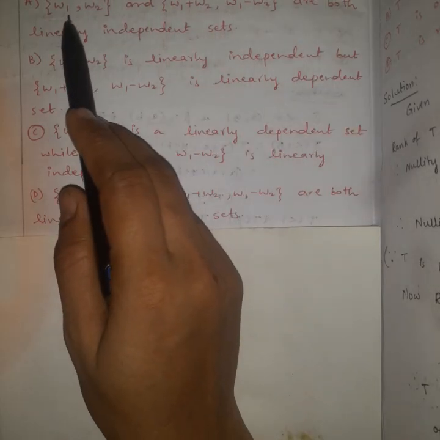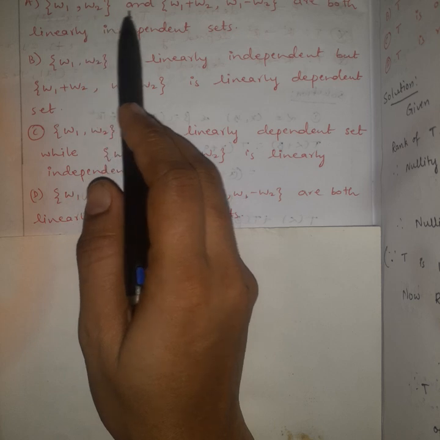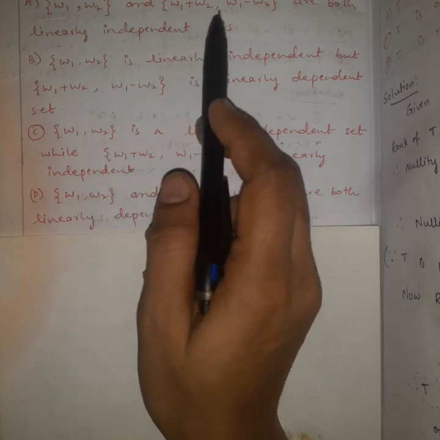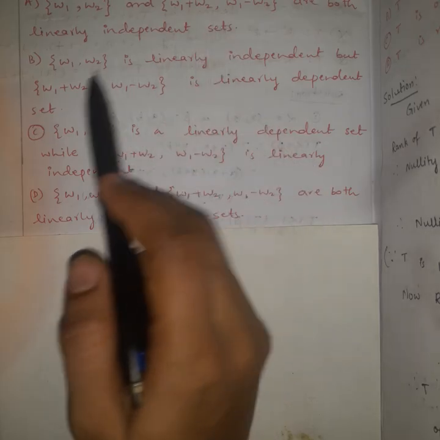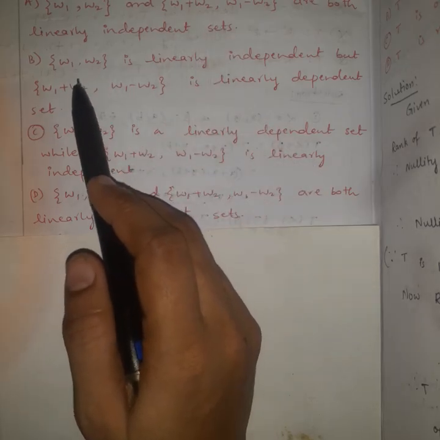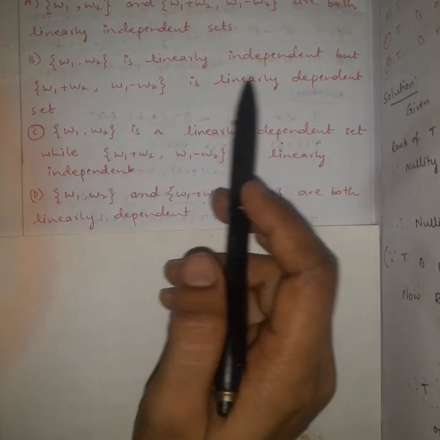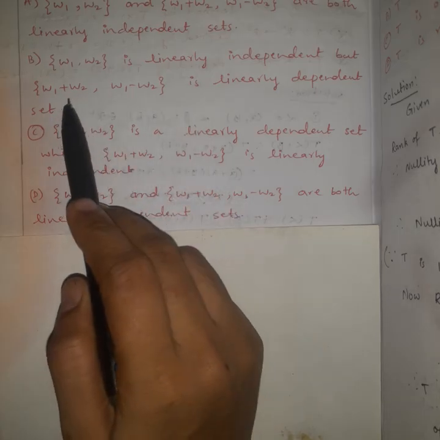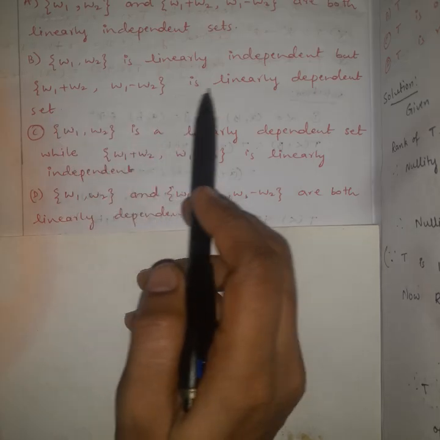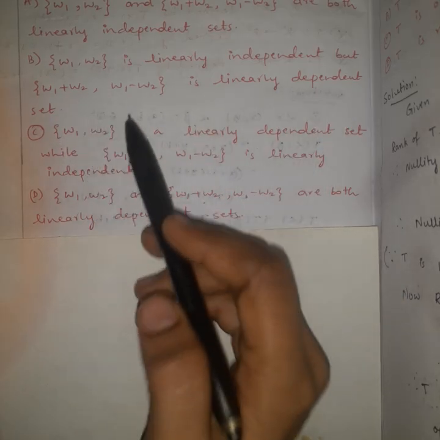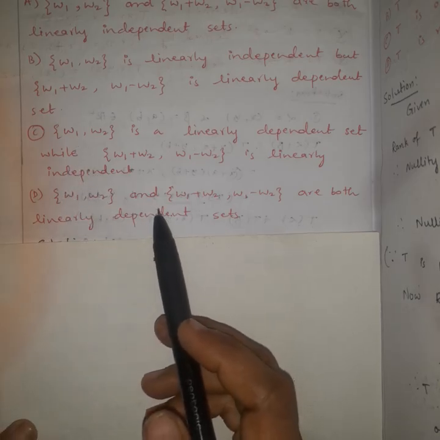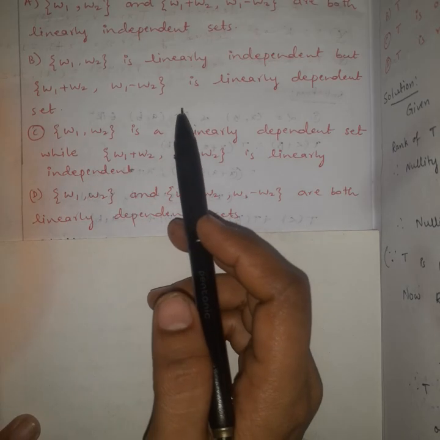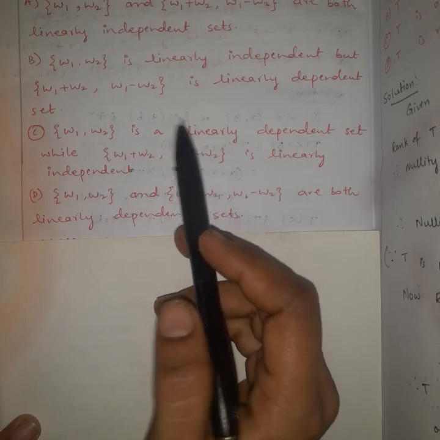Option A, the set containing w1, w2 and the set containing w1 plus w2, w1 minus w2 are both linearly independent sets. Option B, the set containing w1, w2 is linearly independent, but the set containing w1 plus w2, w1 minus w2 is a linearly dependent set. And option C and option D are like that. I will not read each one. So let us solve the question.